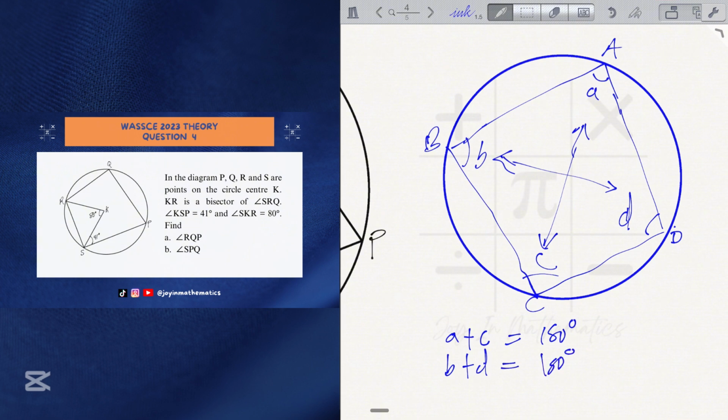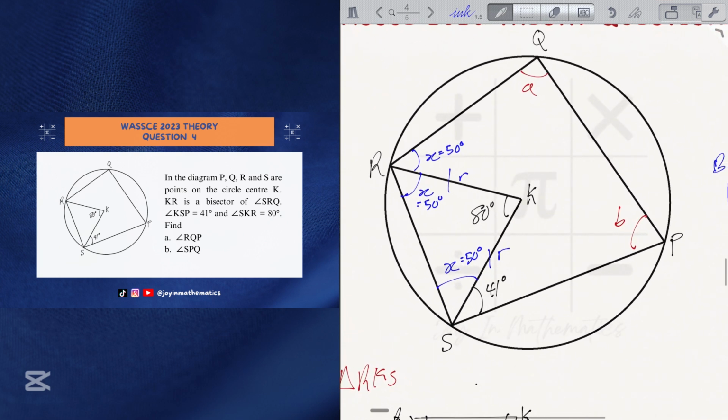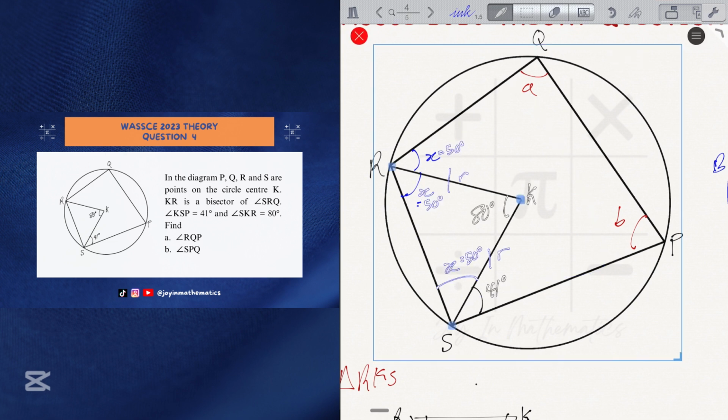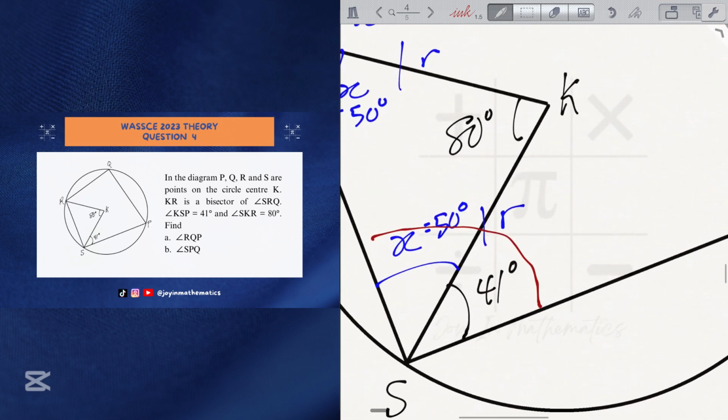So now let's apply the same principle here. If we look at this circle, we can see a cyclic quadrilateral of this form. With that cyclic quadrilateral, we understand that angle A plus this angle is equal to 180 degrees. The sum of this angle is 50 plus 41, which is equal to 91 degrees.